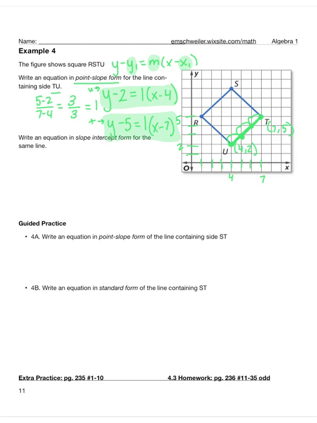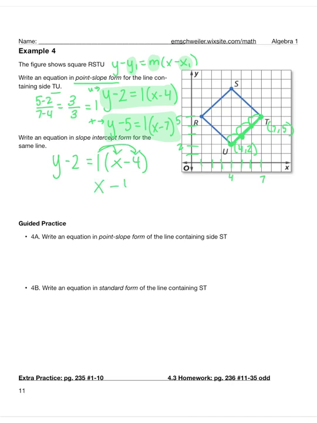Now it says to write an equation in slope-intercept form for the same line. So here's what I would recommend doing. It's kind of like what we just did in the last example. Take the equation of either one. I'm just going to do this one. And distribute.